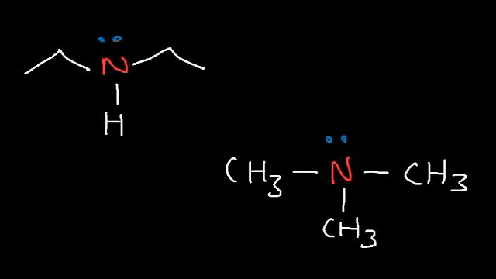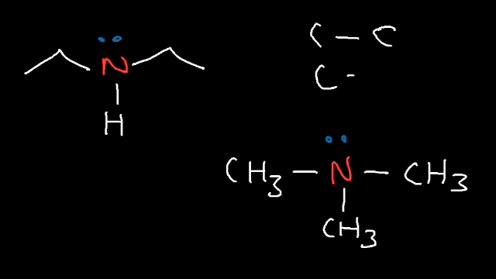Whenever you have a bond between 2 nonmetals, you have a covalent bond. If the electrons in that bond are shared equally, it's a nonpolar covalent bond. If it's shared unequally, it's polar covalent. So, for example, the bond between 2 carbon atoms is going to be a nonpolar covalent bond because the 2 carbon atoms, because they're the same, are going to share electrons equally.